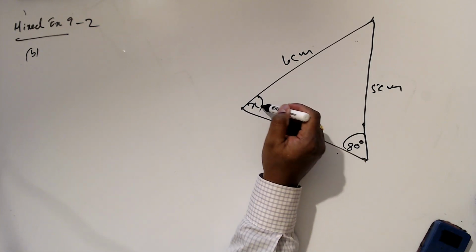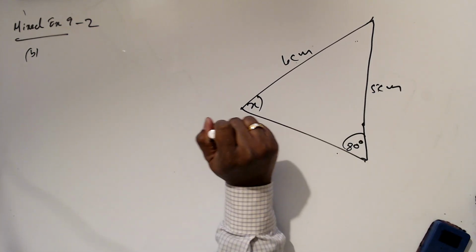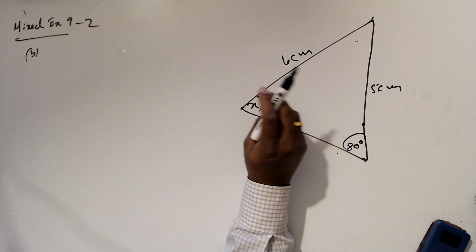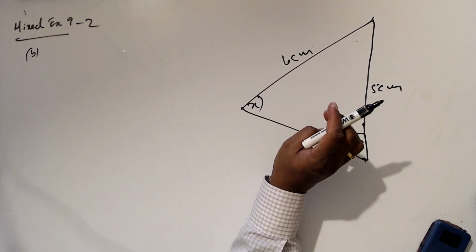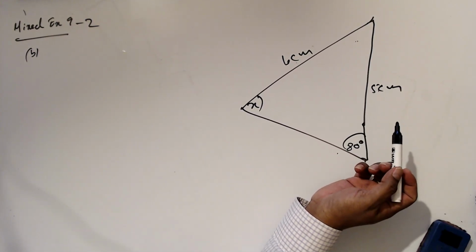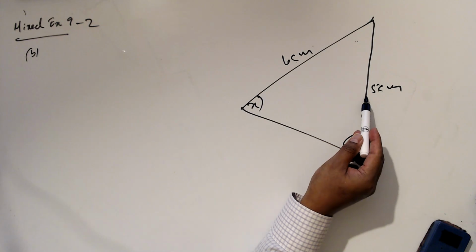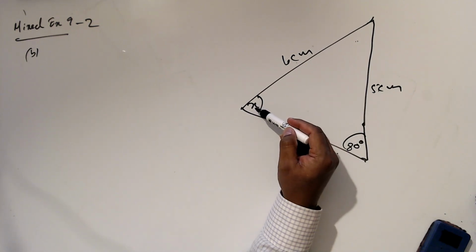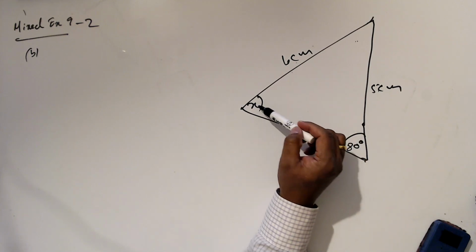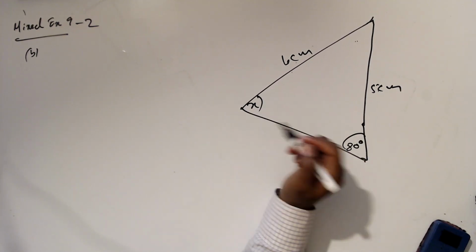And if I know x, then I can find this angle as well. What is the best way to find x? So sine or cosine? Then we have to try with sine first. Sine x over 5 equal sine 80 over 6. Yes, one unknown, we can find x.